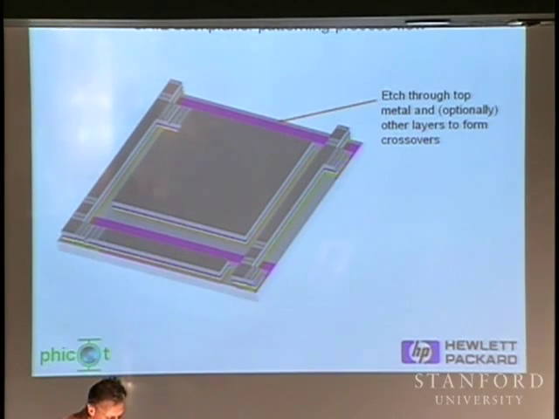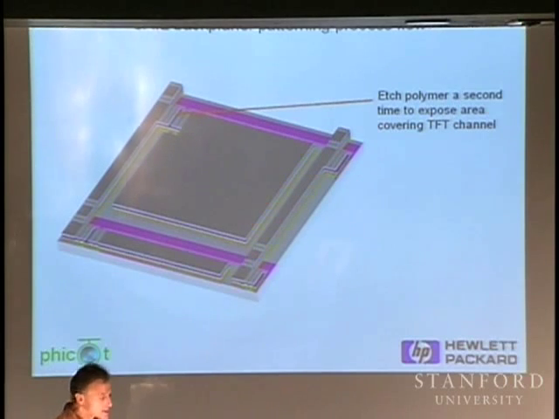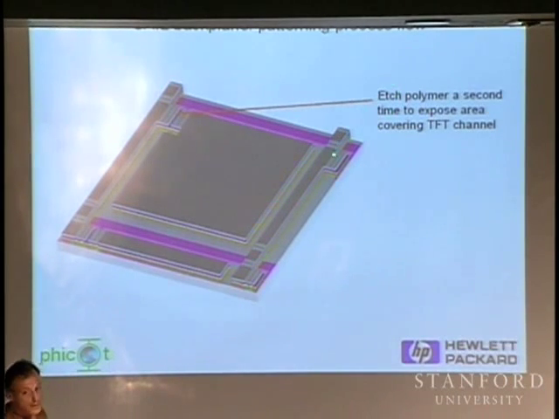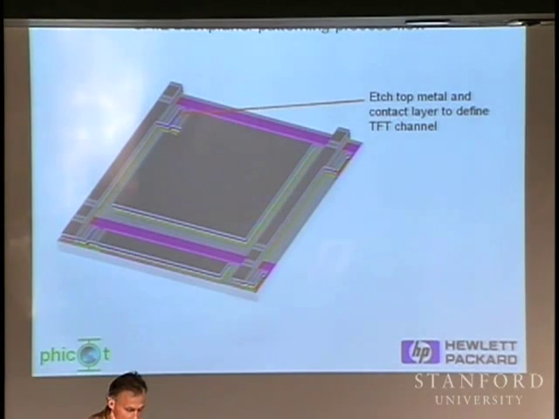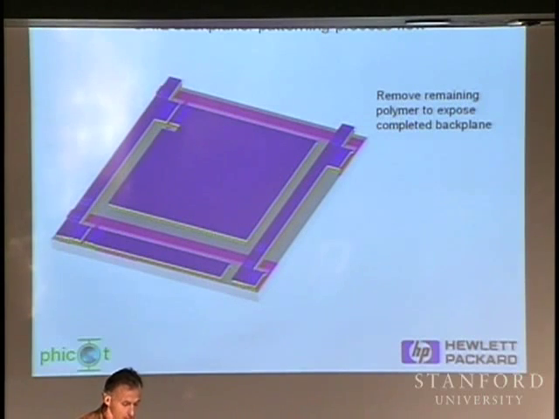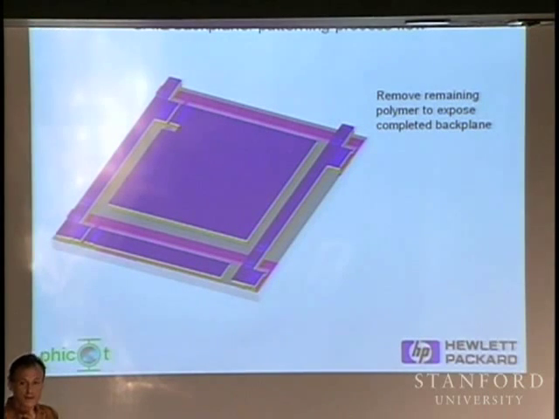Now again, I'm going to go back and etch my polymer layers. This time what I'm exposing is the transistor channel area, which would have the top metal and the N+ contact region, which I have to remove. So I etch those off, and then I'm pretty much done.